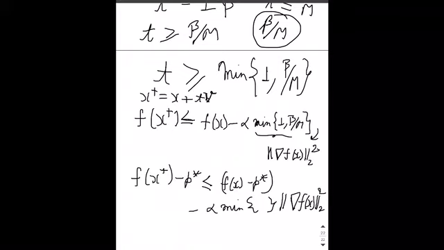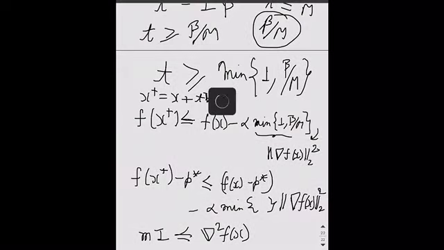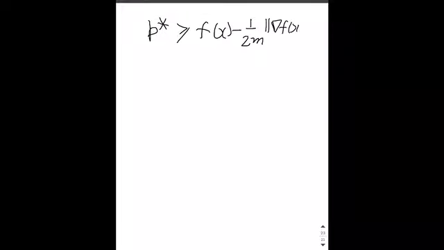From strong convexity, which we assumed to start with, as a direct consequence we have p star greater than or equal to f of x minus 1 by 2m times the norm of gradient of f of x squared.